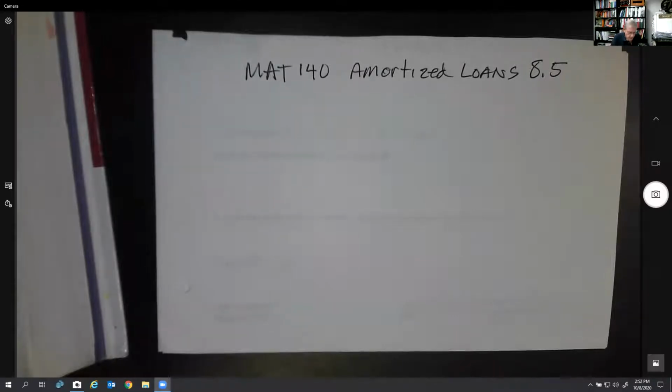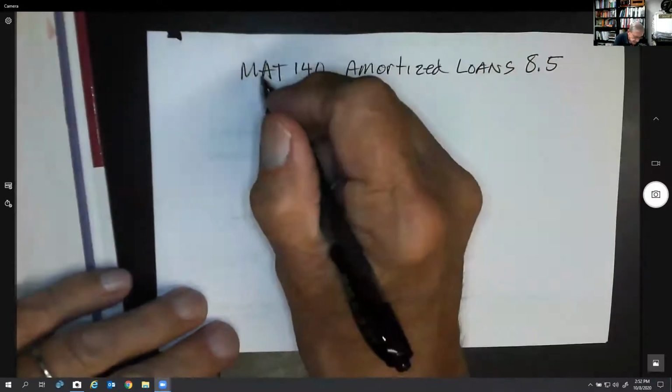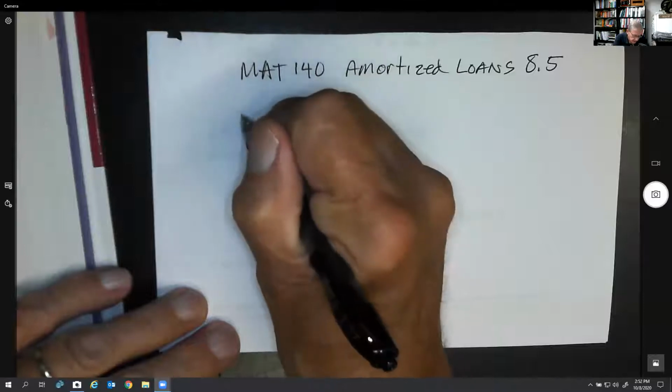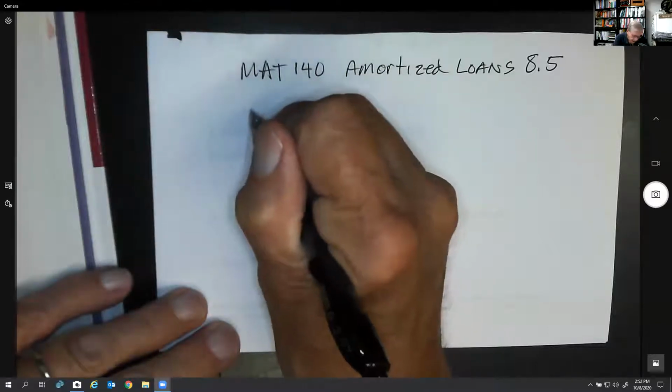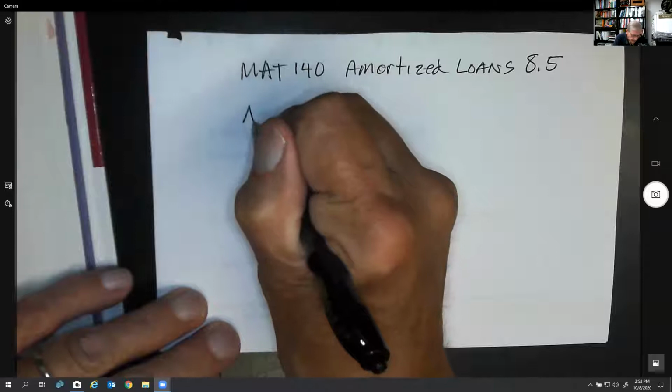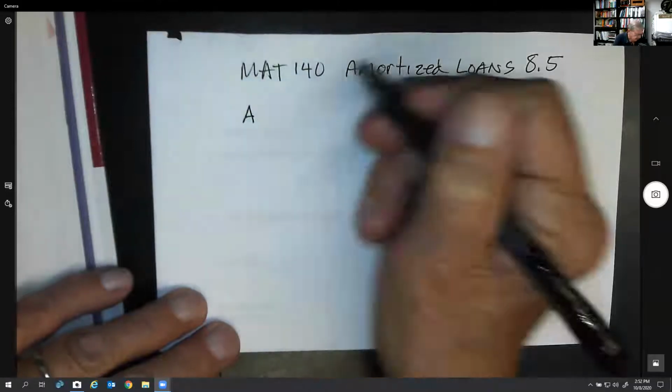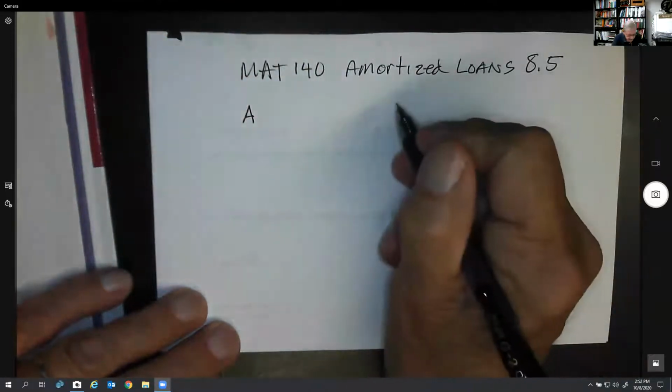So right now we've had a problem. A equals, and we're going to use the formula, kind of the formula we've been using, but it becomes just a little bit more intense.